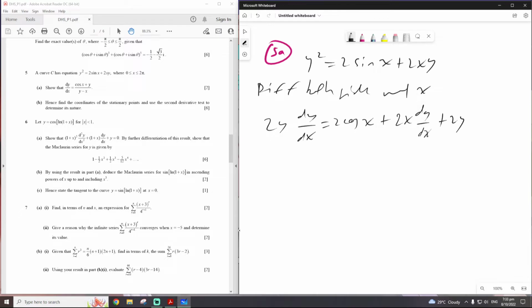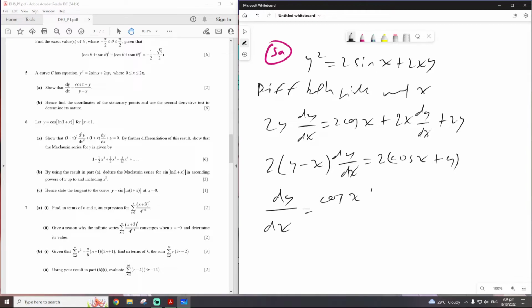Okay, so bring the dy dx terms together. So 2 times y minus x, dy dx, equals 2 cosine x plus 2y. All the 2's will actually cancel out. So let me factor out the 2, in fact: 2 times cosine x plus y. And the 2's will cancel out. So dy dx will become cosine x plus y divided by y minus x, which is exactly what we wanted to show.